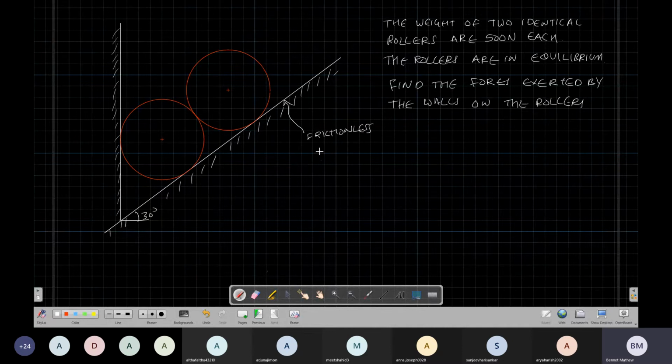Frictionless walls. Okay. Now, first thing is, walls in contact. Okay. Now, where all do we get the forces? So what you have to do is, I'll name this. This is A.